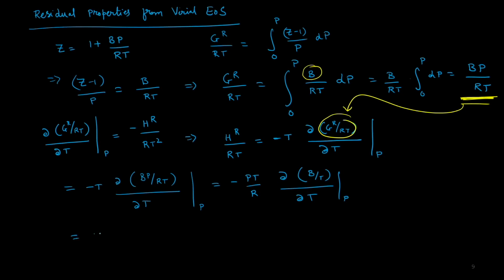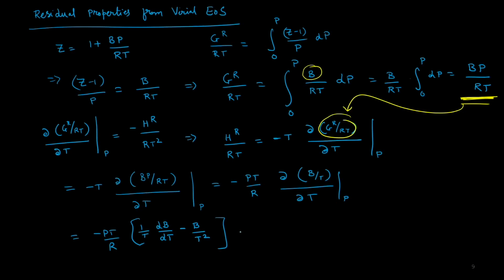And this derivative of B over T is going to be 1 over T derivative of B with respect to T, minus B over T squared. That will be the derivative, right?